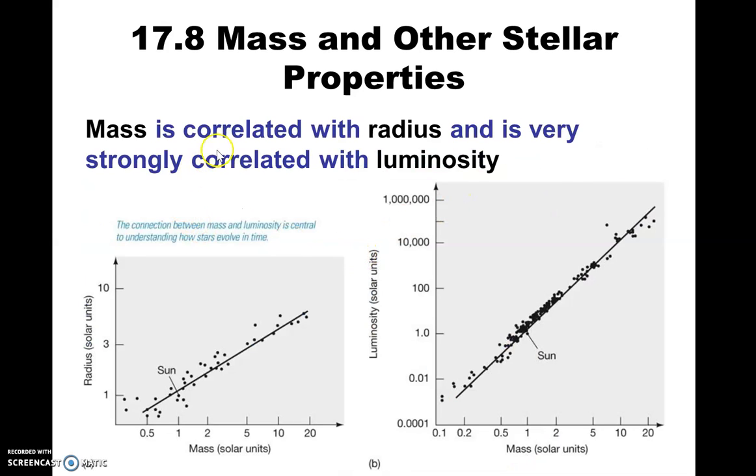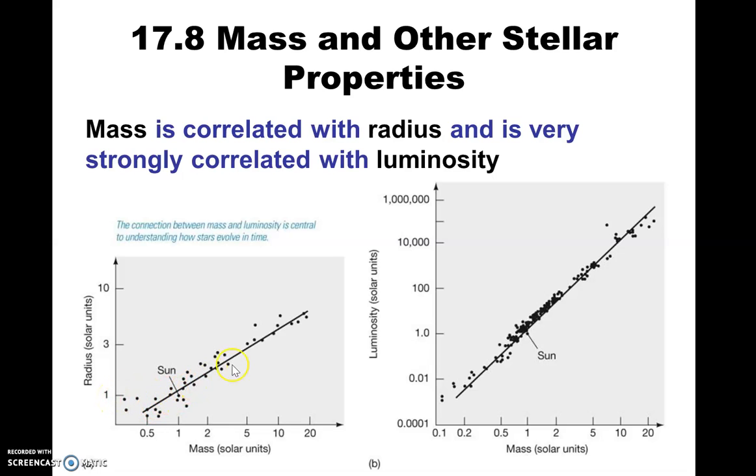All right. This is really very, very critical that we understand. So there seems to be a relationship. This is all done in solar masses, so 1 times the mass of the sun would be right here, and the radius of the sun would be right here.